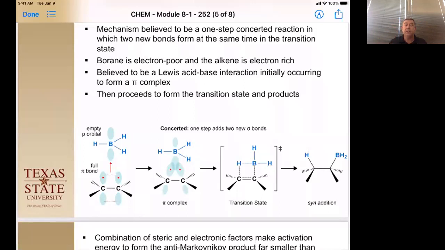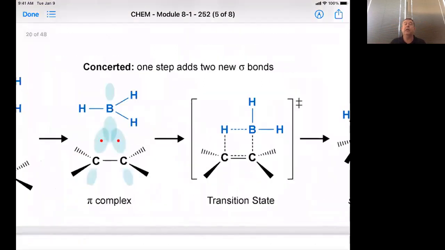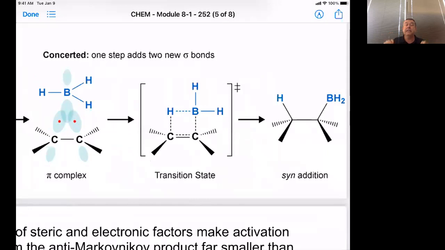And in the transition state, we're going to make and break bonds all at once in a concerted reaction. So the hydrogen is being attached to the carbon, the hydrogen-boron bond is breaking, and the carbon-boron bond is forming. That's why it's a syn addition. It happens all at the same time, okay? And so we end up making 2 new sigma bonds by syn addition.